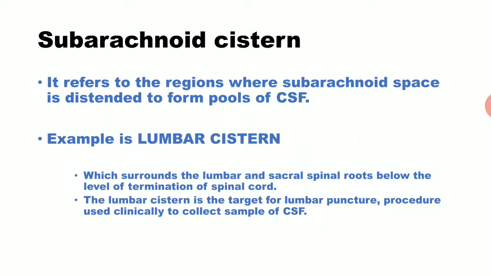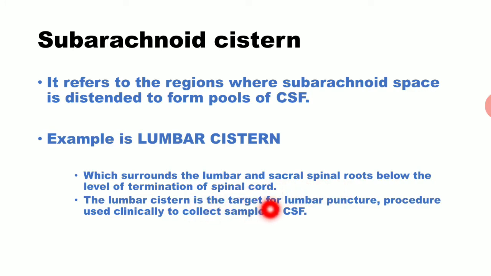Now subarachnoid cisterns refer to the regions where the subarachnoid space is distended to form pools of CSF. An example is the lumbar cistern, which surrounds the lumbar and sacral spinal roots below the level of termination of the spinal cord.